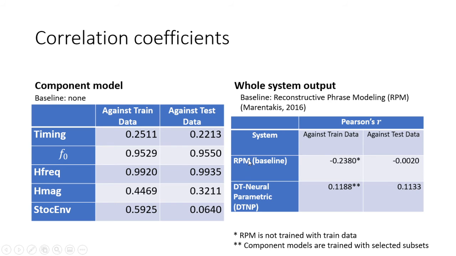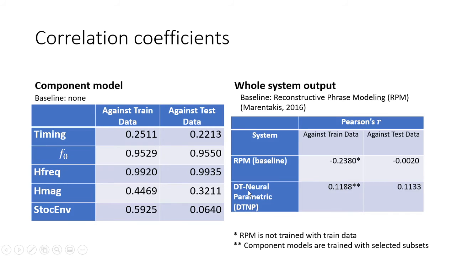The input is just using RPM. So RPM is supposed to be inputted with musical sheet and expressive gestures, but we use flat expressive gestures here. So obviously the correlation will be close to 0 or even negative.